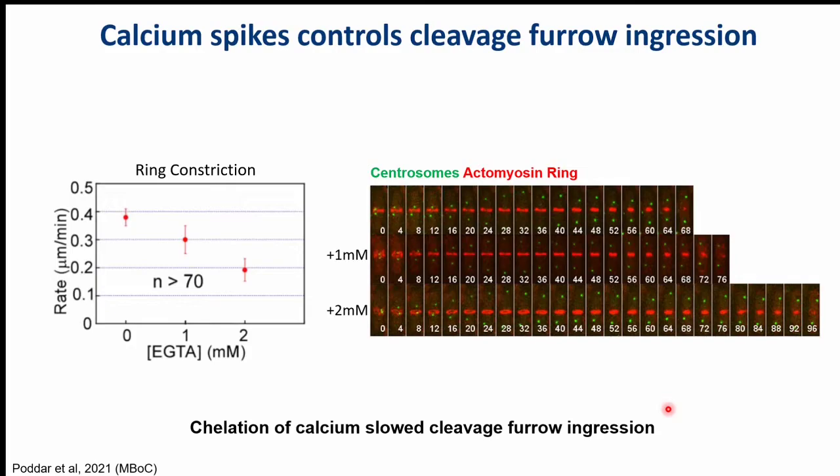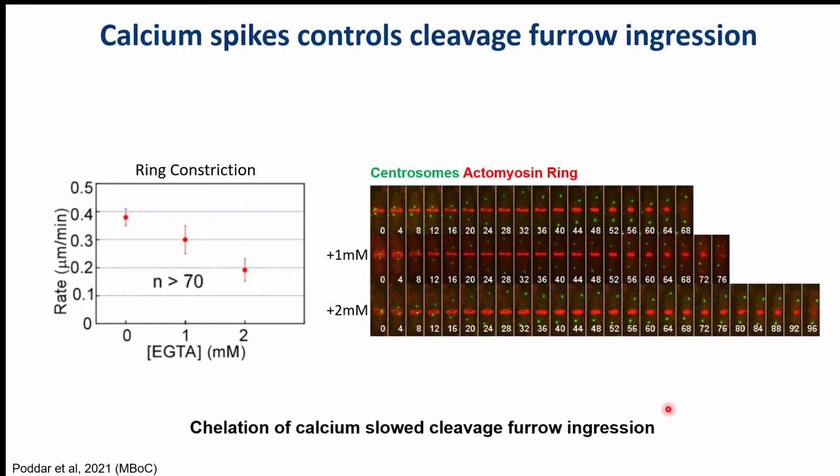We monitored the rate at which the contractile ring starts ingressing and found that the velocity at which the contractile ring ingresses slowed down upon treatment with EGTA. Remember, EGTA is a calcium chelator. So chelation of calcium slowed down the ingression of the contractile ring, suggesting calcium spikes control the cleavage furrow ingression.